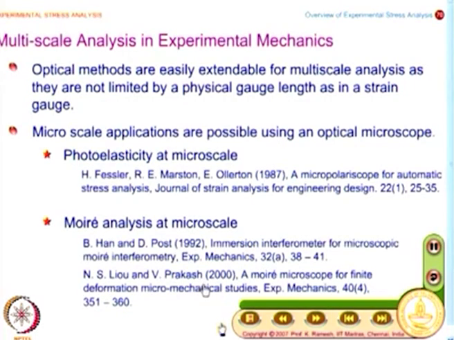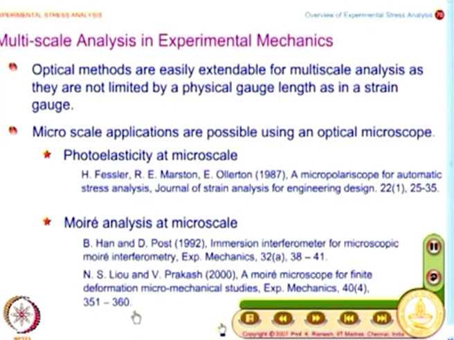And N. S. Leo and V. Prakash in 2000, they have come out with a Moire microscope for finite deformation micromechanical studies, again in Experimental Mechanics, and you have the page numbers. So, just write the first author, year, abbreviated name of the journal and the page number.